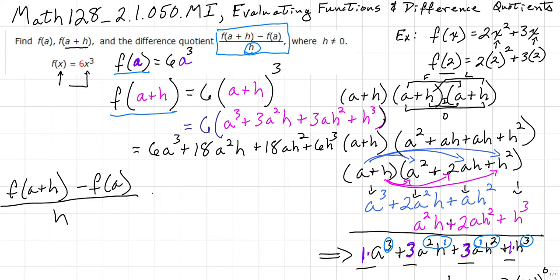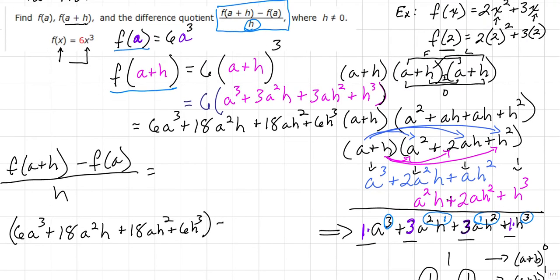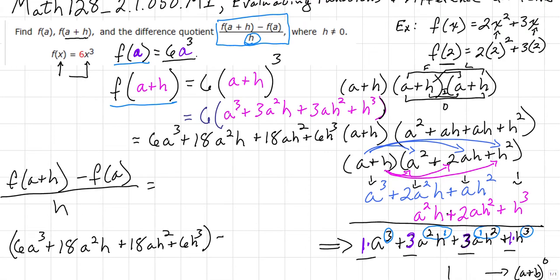And so that's going to be equal to this function right here. And note that I'm going to put it in parentheses just for the moment. And we're going to subtract f of a, which remember, we'll scroll back up so we can look at it, is simply 6a cubed. So let's do that right now.